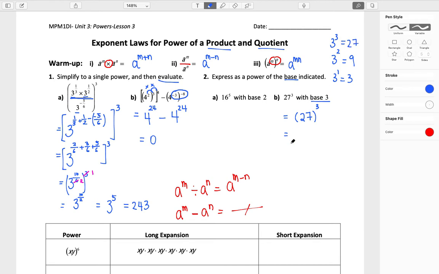So you keep multiplying using a calculator. So I can replace 27 with 3 to the 3, and then to the power of 3. The exponents are right beside each other, so we can apply the power law. We do 3 times 3, which is 9. So this is another way to represent 27 to the 3, the same thing as 3 to the 9.